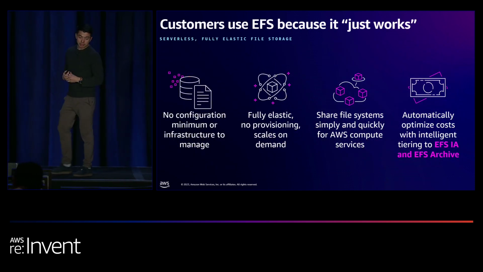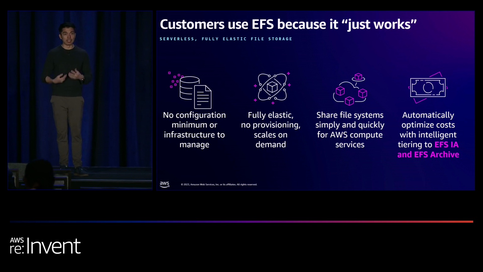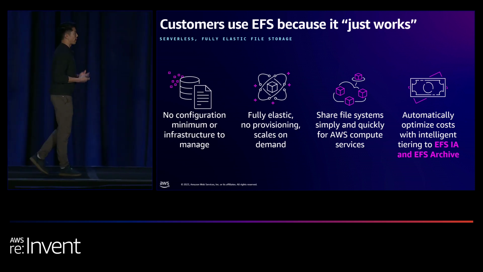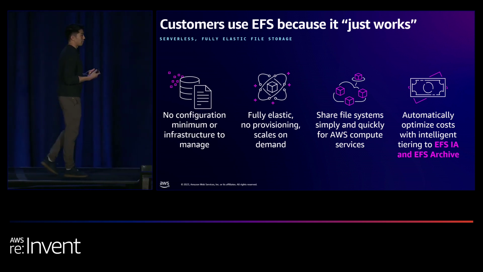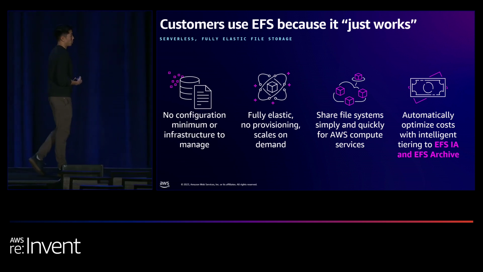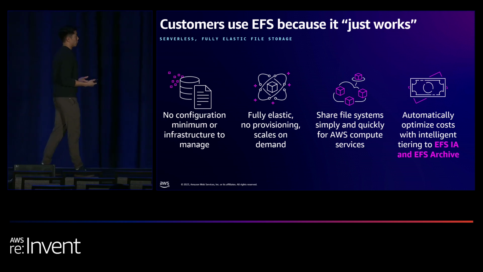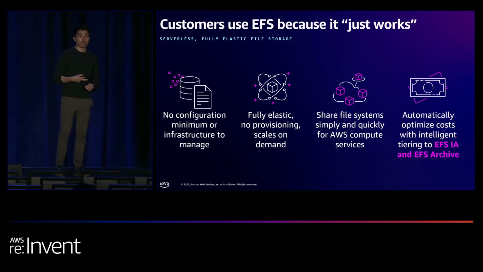And so to close, I wanted to share a couple thoughts about EFS and about EFS Archive. First is why customers like EFS. They like EFS because it just works. So you don't need to think about complex configurations, and we deliver a fully elastic experience without any provisioning.